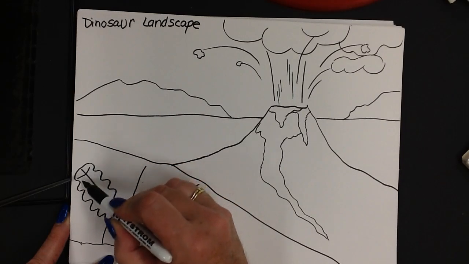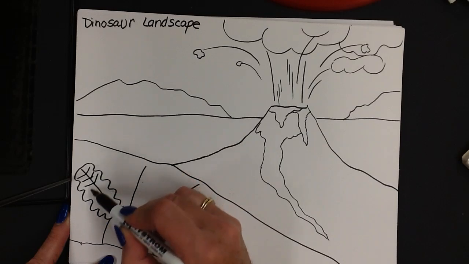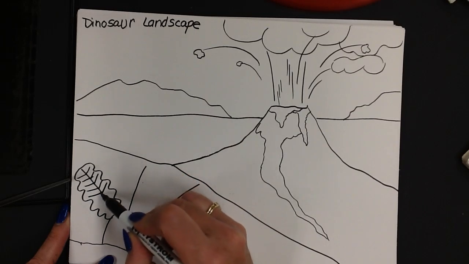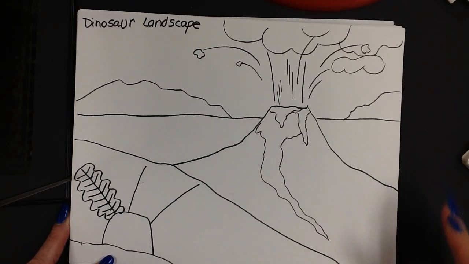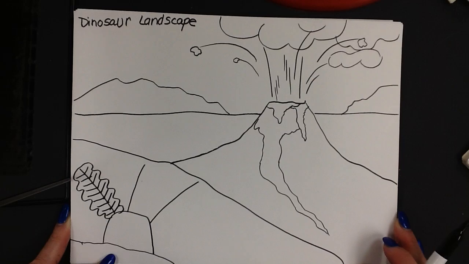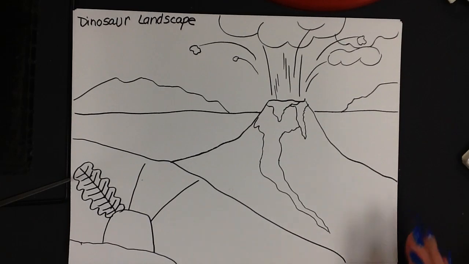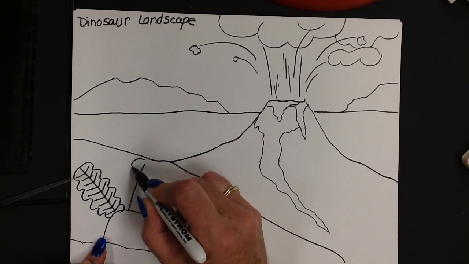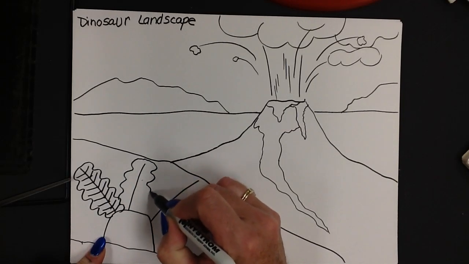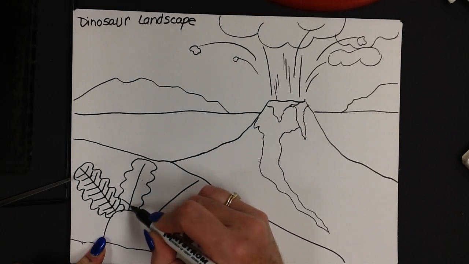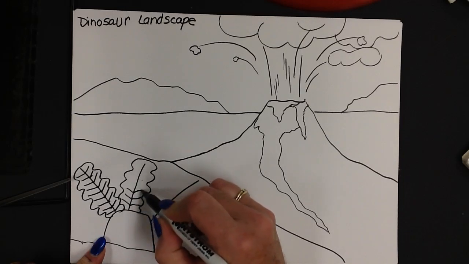And then in my plants, I'm going to add some, they're kind of like fern. I'm adding these texture lines. So I can make, and you can make up these any way you want. This is kind of a prehistoric fern filling in my pattern.